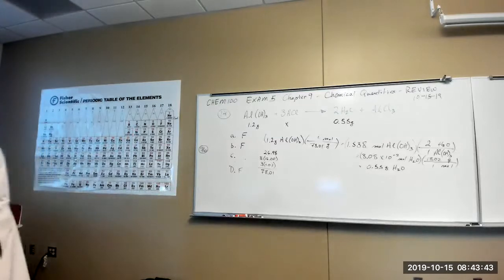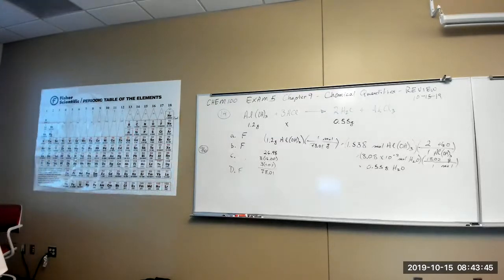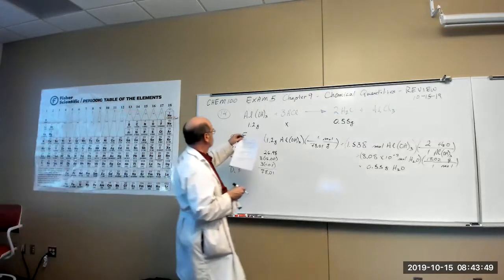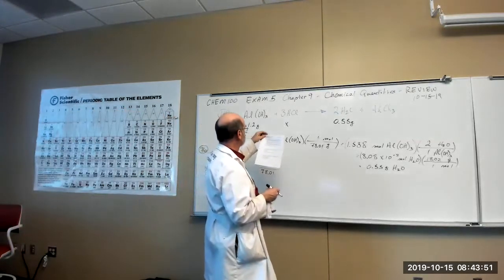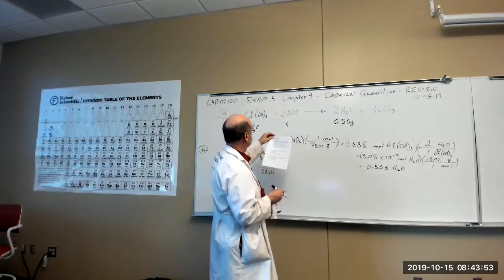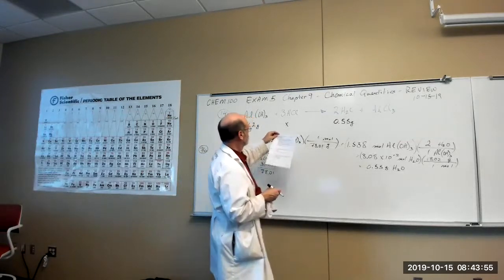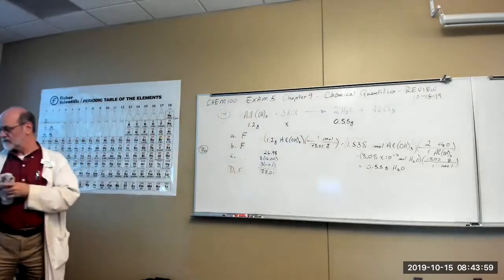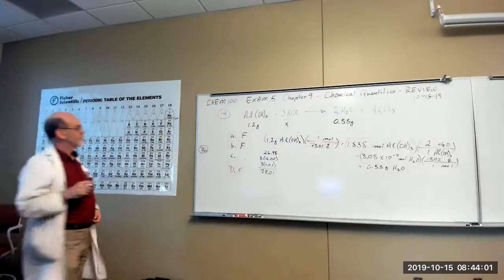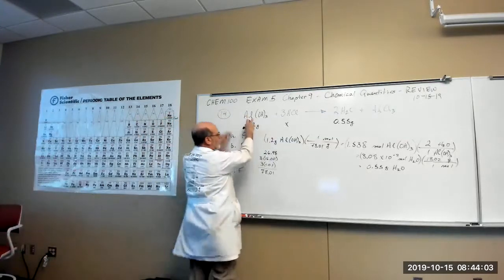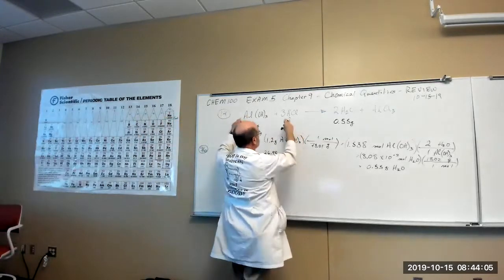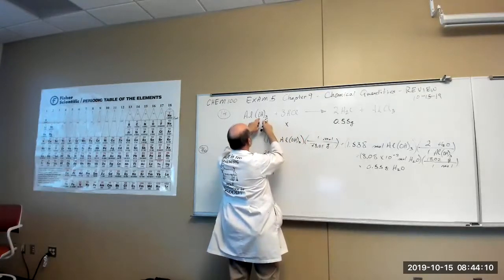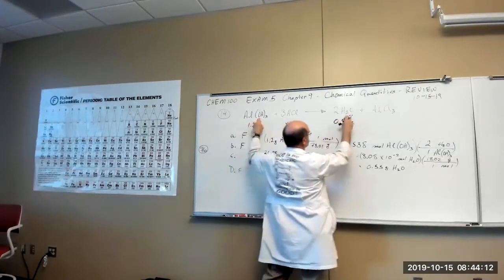But the question said it was balanced, didn't it? The following reaction. It appears to be balanced because it has coefficients. But we better check that and see. So 1 aluminum, that's good. 3 chlorides, that's good. 3 oxygens, that's not good.